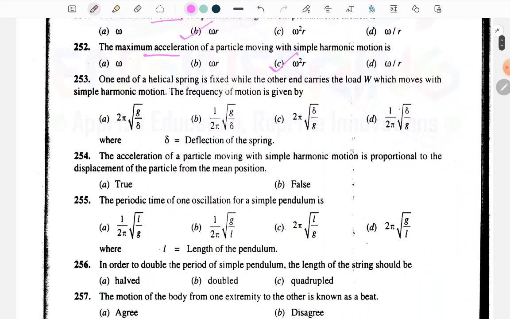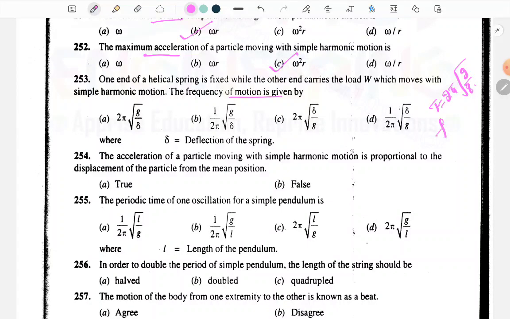Frequency of a motion. First of all, time period T is equal to 2 pi into under root of, 253, g by delta. So this is the g by delta.